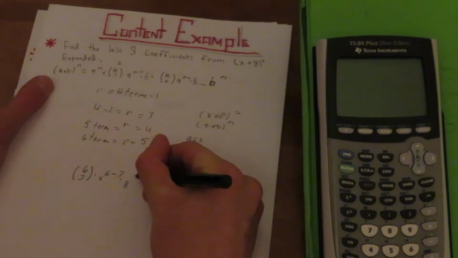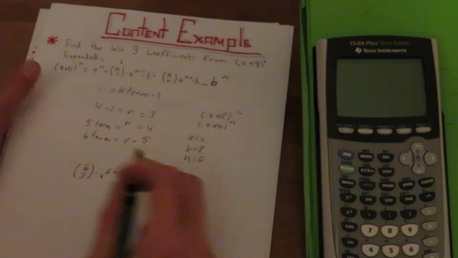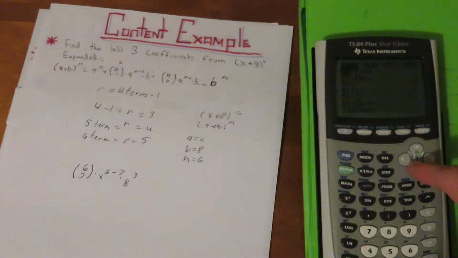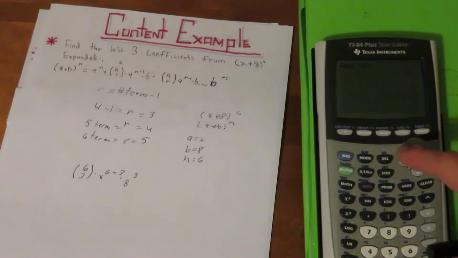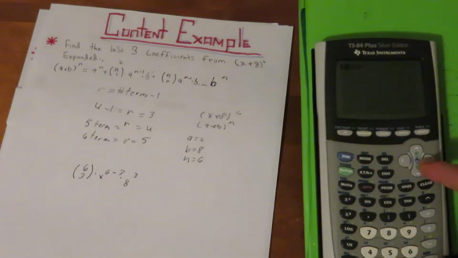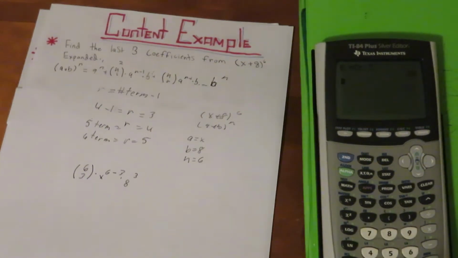And so r is 3 for the 4th term. So we put that into our calculator, and the way to put n choose r into the calculator is to go to math, go to probability, do nCr, and so our first number is going to be 6, because 6 is our n, and r is 3, so that gets us 20.